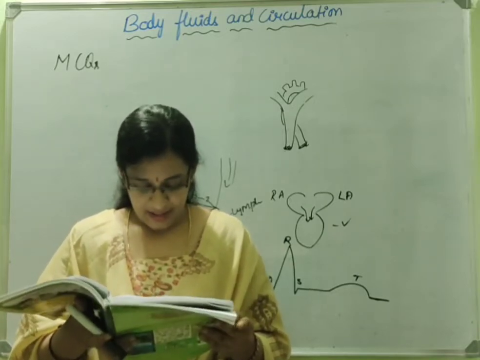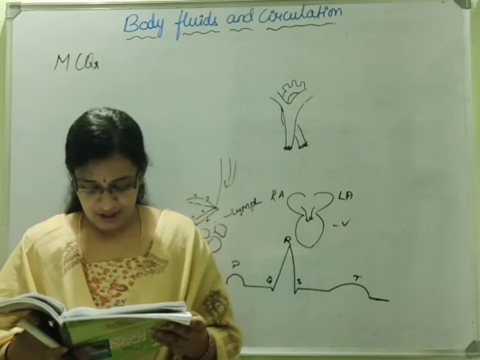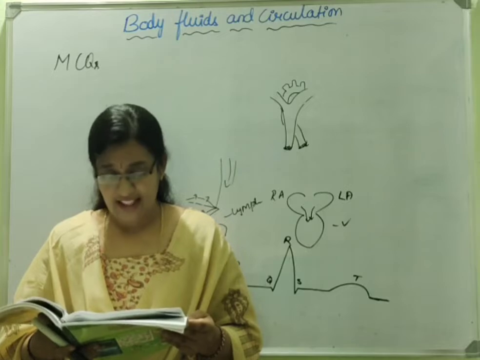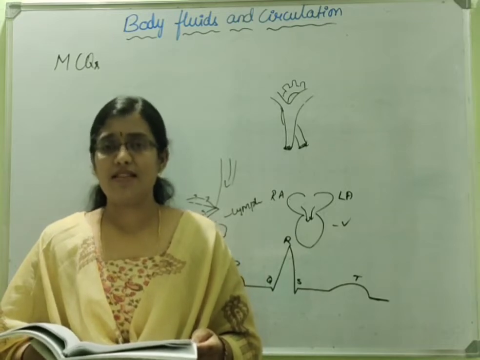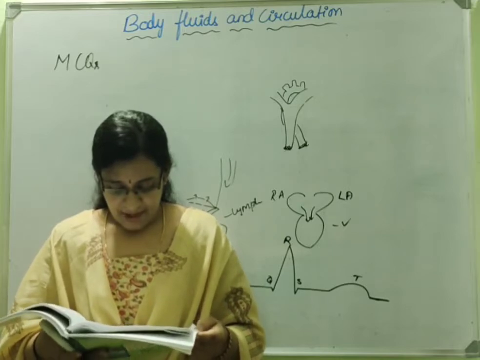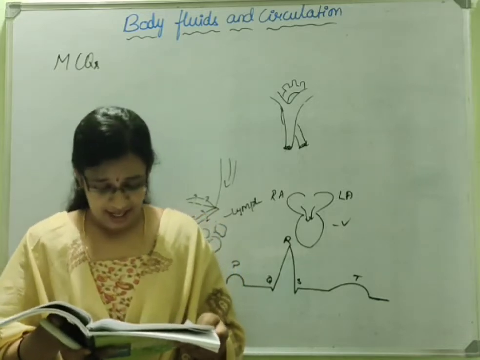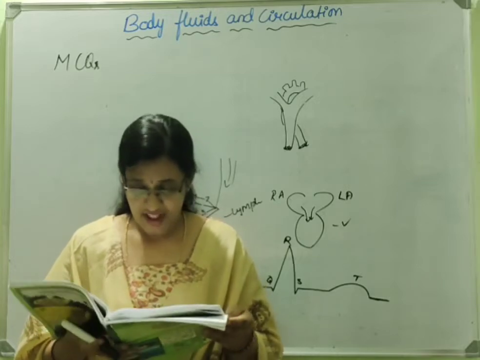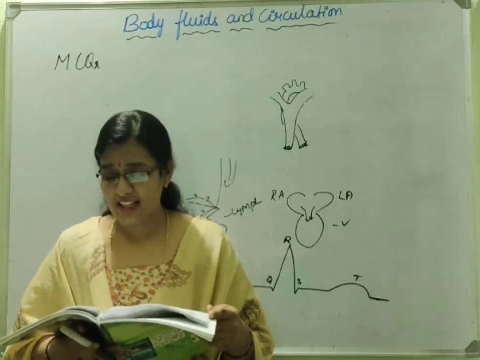Okay, so option C. Sphygmomanometer is an instrument used to record option A, systolic pressure, B, diastolic pressure, C, cardiac output, D, 1 and 2, that is A and B. So it is used to record systolic pressure as well as diastolic pressure, and hence option D, both A and B. When a person engages in strenuous exercise, strenuous in the sense extensive exercise, option A, blood flow to brain is reduced, B, total peripheral resistance increases, C, blood flow to the kidneys is reduced, D, cardiac output is reduced.